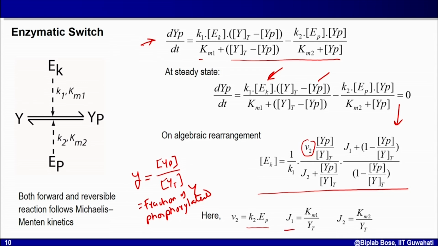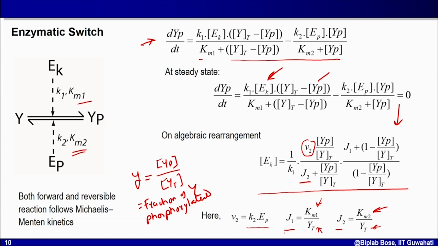J1 is another parameter. J1 includes two things. One is Km1, that is the Michaelis-Menten constant for the forward reaction, the kinase reaction, and the total amount of the substrate is Yt. Similarly, J2 used here is represented by Km2 by Yt. So I have replaced Km2 by Yt with the parameter J2. So Km2 is the Michaelis-Menten constant for this reverse reaction, dephosphorylation, and Yt is the total amount of the substrate, Y plus Yp.